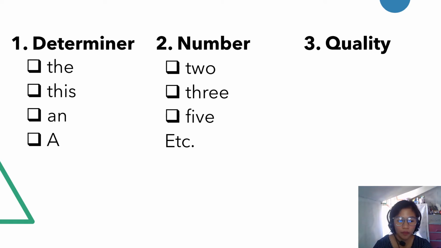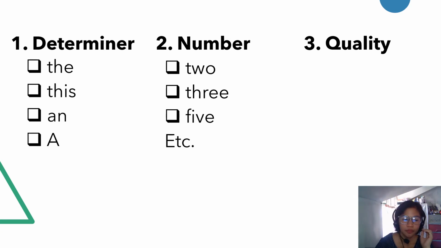Okay, for example, the 3 little pigs. So again, the 3 little pigs. I use the as the determiner, 3 for the number, and little pigs. Okay, so later I will tell you what are the functions of the two.